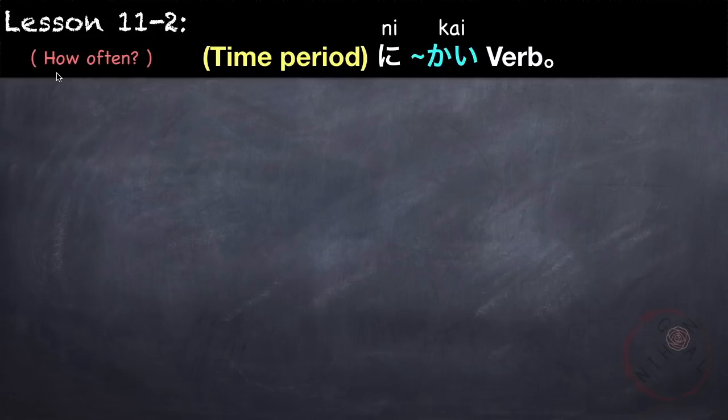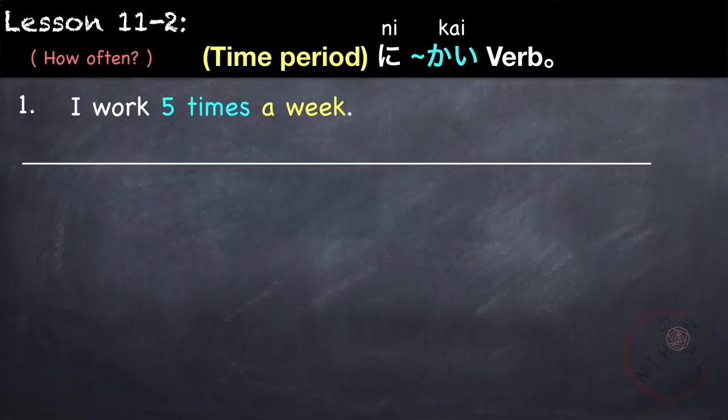Next, how to ask how often you do something in a certain period of time. So the pattern is the time period followed by ni and then the number of times, which uses the suffix kai, and then the verb. For example, I work 5 times a week.